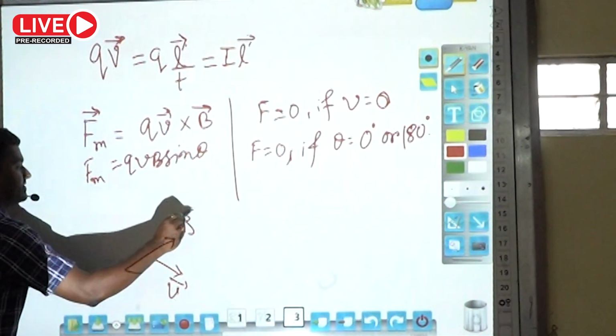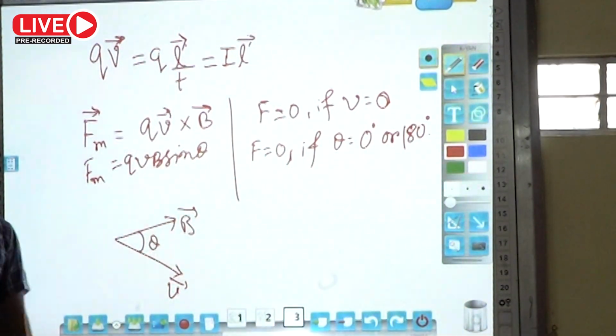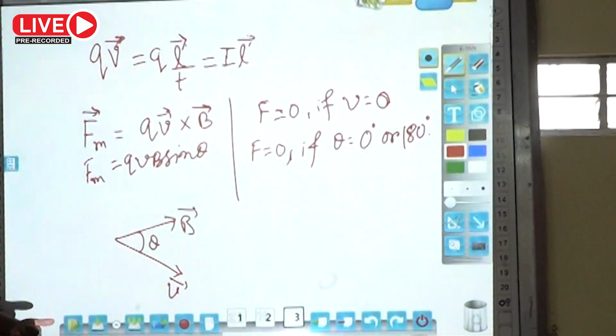Then sin theta will come in the cross product. So if theta is 0, sin theta will be 0. If theta is 180, then also sin theta will become 0. And in either case, the magnetic force will be 0.